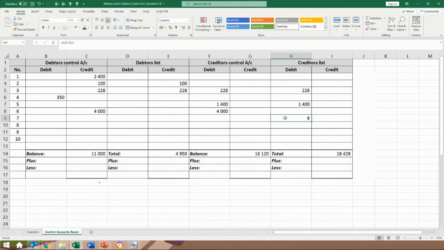Now, do you think we will capture this to our debtors control account, debtors listing, creditors control account, or creditors listing? What do you think? Or will it affect all of them?